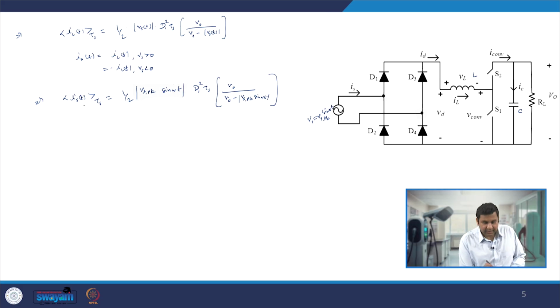So we see that this average variation of Is(t) varies sinusoidally if we keep D1 and Ts constant, that means the turn-on time is kept constant.